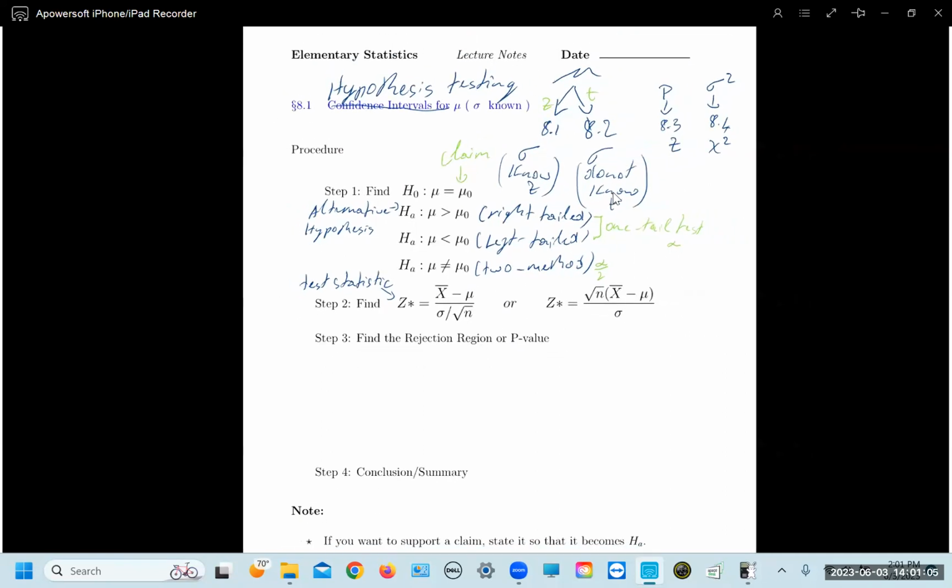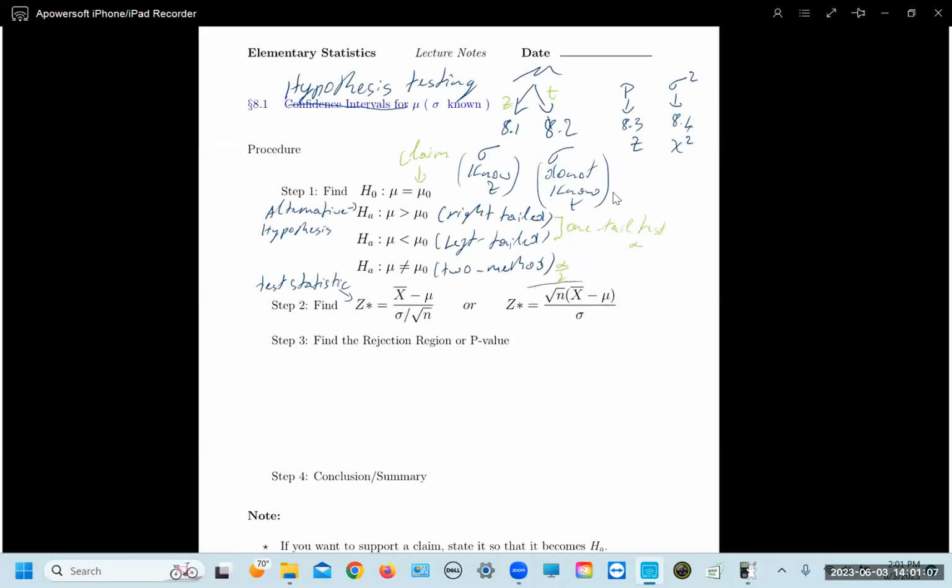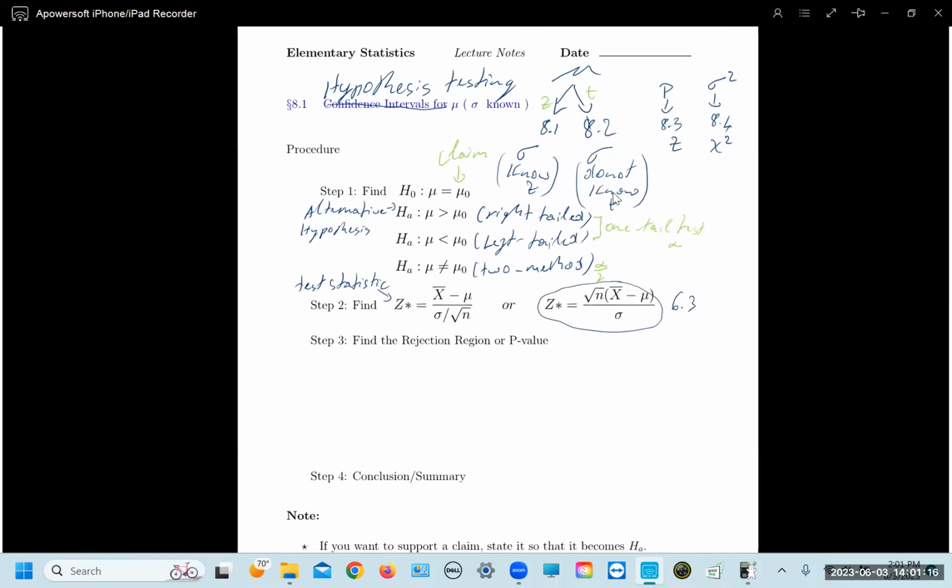Also we know this from 6.3. And we have the region, R, with two methods.